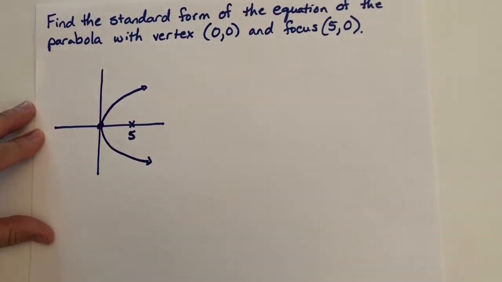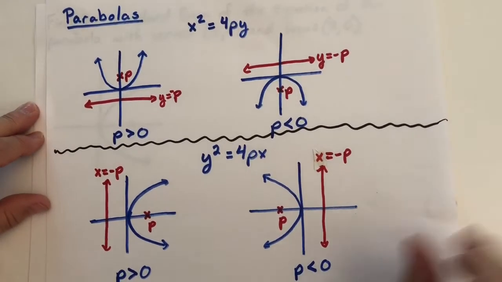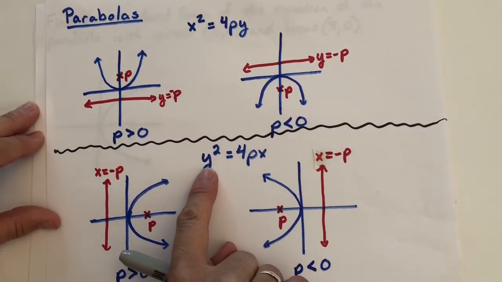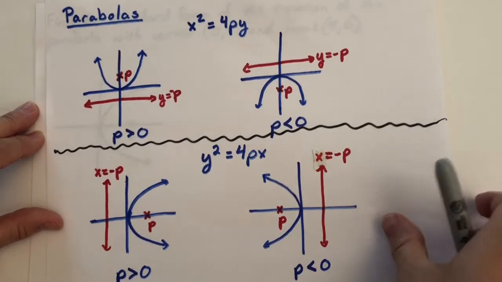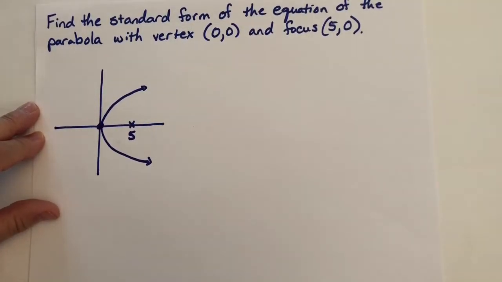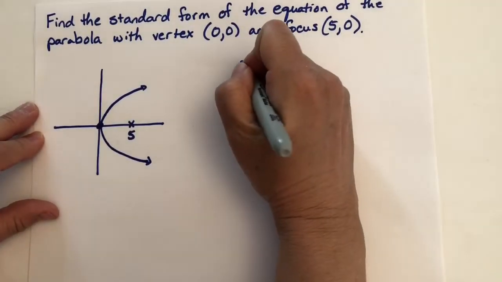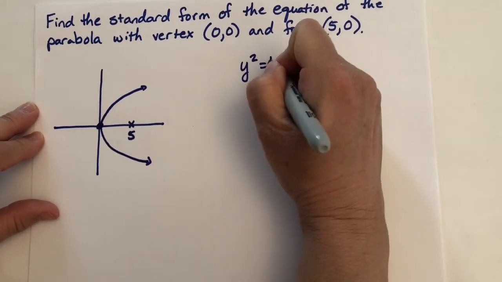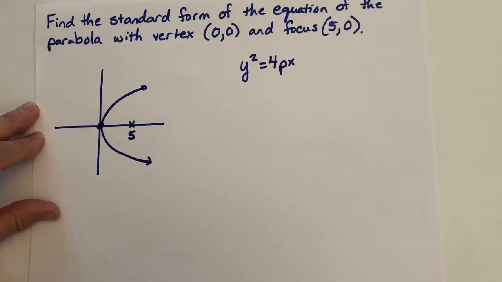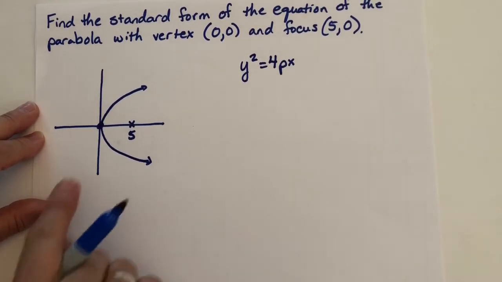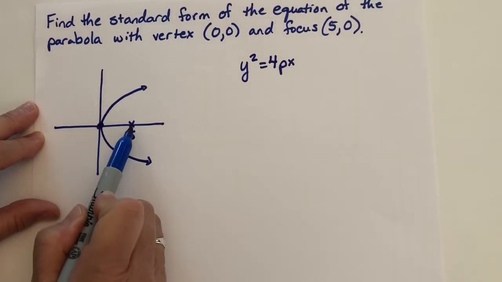But because we know the parabola opens to the right, let me remind you that we know the equation looks like this: y squared equals 4px. So let's write that down. Now remember, the absolute value of p is the distance from the vertex to the focus.